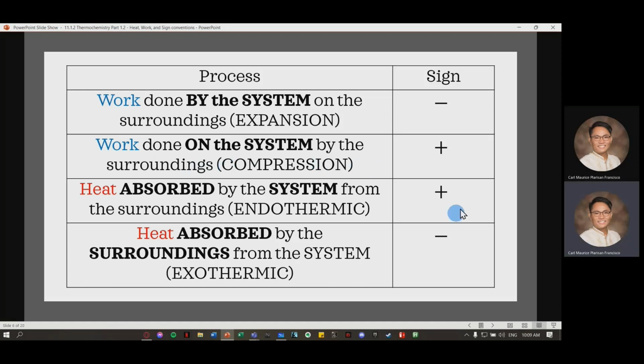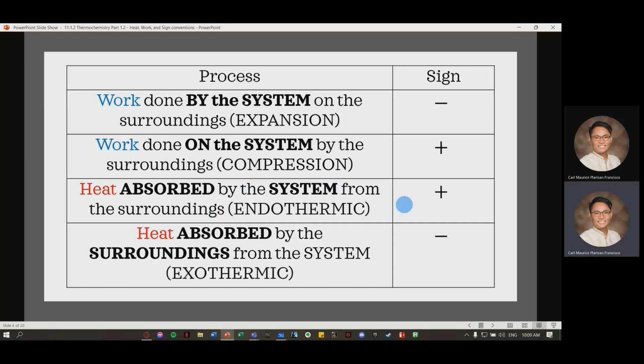Now, the sign for heat is positive if heat is absorbed by the system or the process is endothermic. Take note, the definition of an endothermic reaction is, as the prefix suggests, endo, that means absorption of heat. So whenever heat is absorbed by the system, the sign for heat is positive.